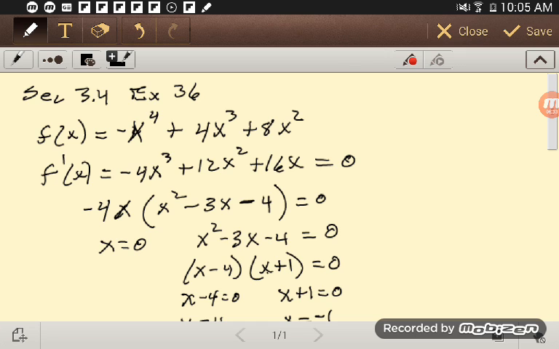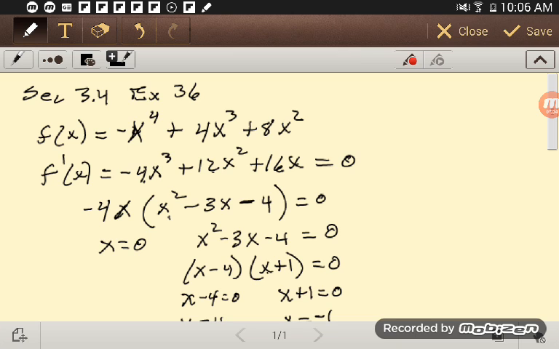So I've got minus x to the fourth, 4x cubed, 8x squared. I got a 4x cubed, a 12x squared, a 16x. I factored out the negative 4x, and so I had an x squared, that's correct.